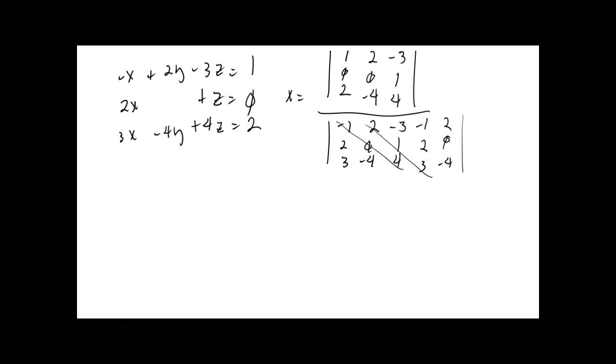Cramer's rule is a way of using determinants to solve systems of equations. And here's the procedure. And it has to be square, three equations, three unknowns. Okay. So here's your coefficient matrix: -1, 2, -3, 2, 0, 1, 3, -4, 4.